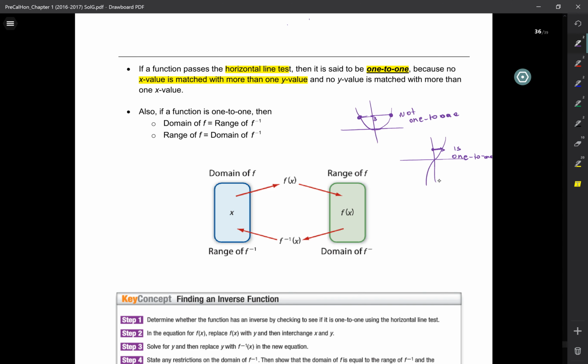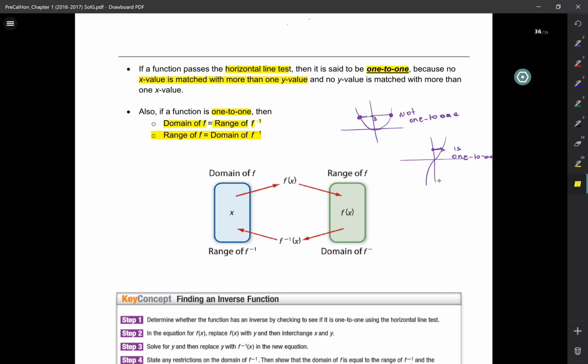All right, so once we've got a function that's 1-to-1, and if we find the inverse of this function, remember what I said before: the inverse and the relation have their coordinate points switched. A, B becomes B, A. That means the domain of f becomes the range of f inverse, and the range of f becomes the domain of f inverse.